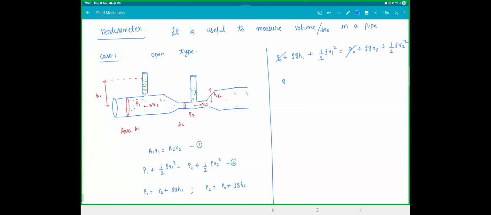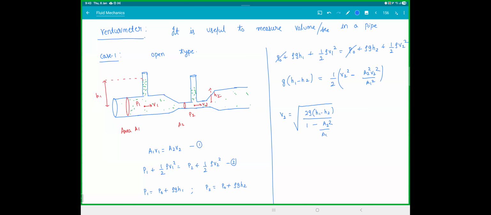This will be G into H1 minus H2 is equal to half into V2 square minus V1 square. What is V1 square? V1 square is A2 square V2 square by A1 square. So from here you can find V2. This will be root over 2G into H1 minus H2, divided by 1 minus A2 square by A1 square.